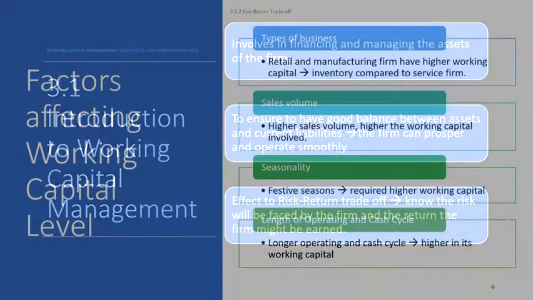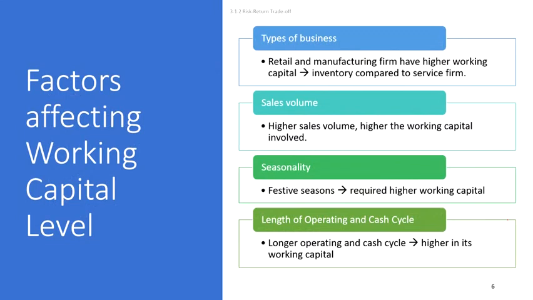Itu yang pertama. And now let's move to the factors affecting working capital level. So ada 4 factors that will be affecting the working capital level. Maksudnya apa yang akan effect dia ialah kalau company tu memerlukan high current asset lah. Okay, let's move to types of business.